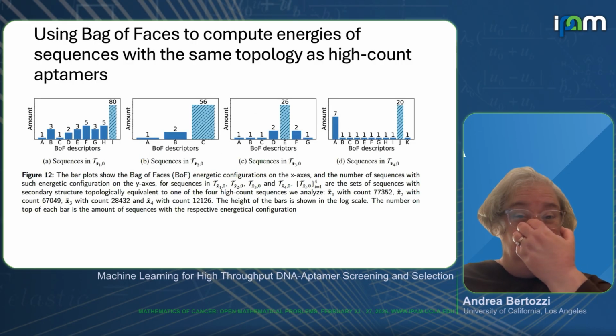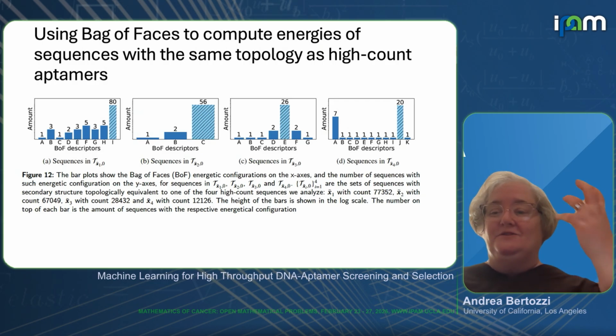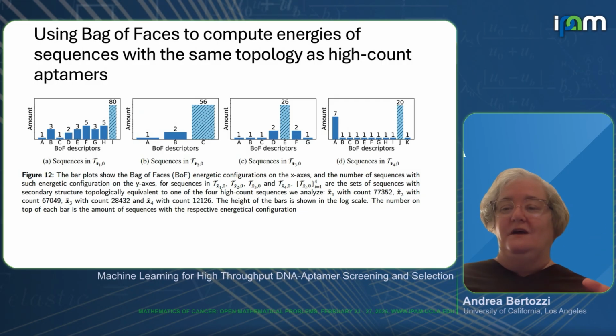You can use the bag of faces to compute energies of sequences with the same topology as the high count aptamers. So basically, we have a lot of machine learning tools at our disposal to identify possible aptamers that would not have come up using the prior methods that do not include machine learning.